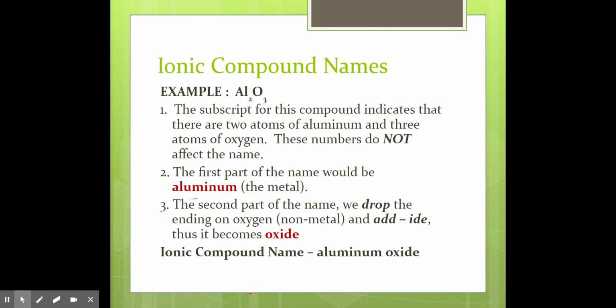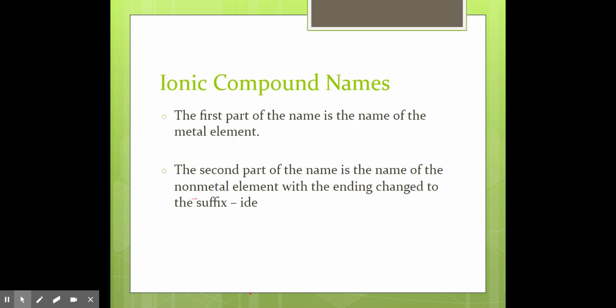So we drop "ygen" and add "ide." Finally, you put it together and you get aluminum oxide. Again, the first part of the name is just the name of the metal. The second part is the name of the nonmetal, but you drop the ending and make it "ide."